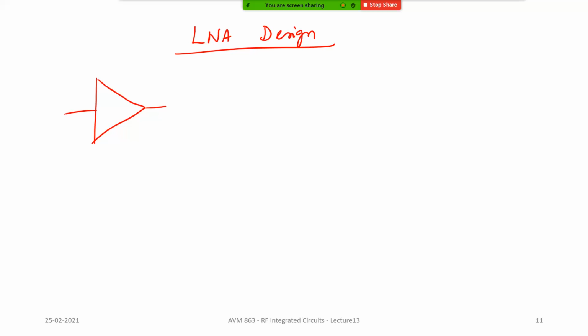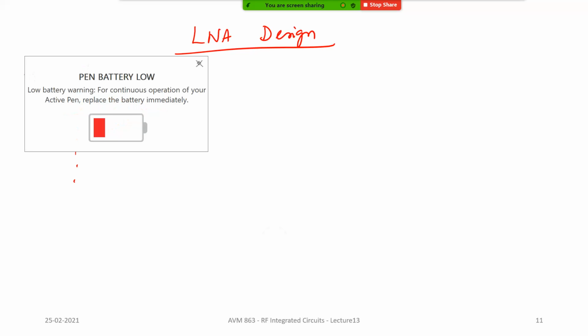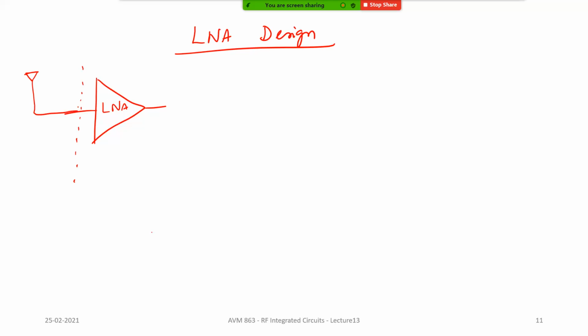Okay. Now let us start looking at the LNA. So LNA design. Now what are the design specifications that we have for an LNA? Usually the LNA interfaces with the off-chip antenna. Usually the antenna is off-chip, and so you might have antenna plus bandpass filter, or sometimes you have antennas without bandpass filter.